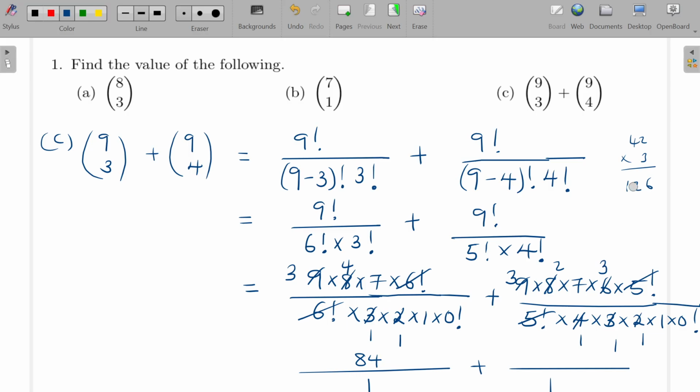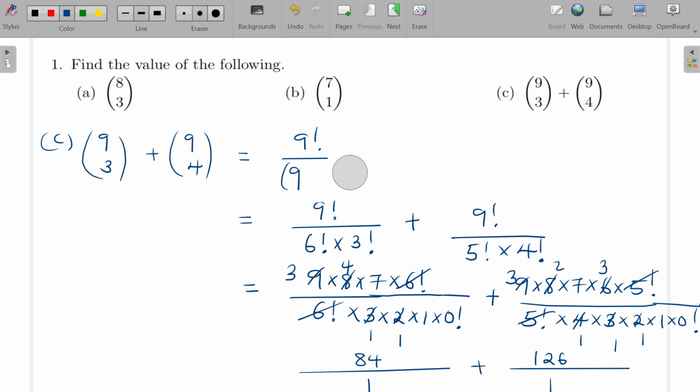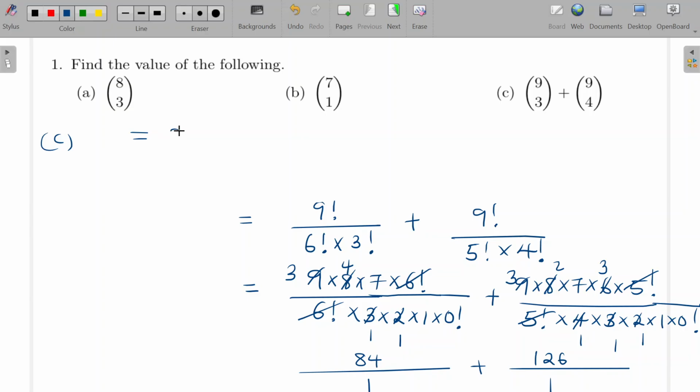So as a result, I'm going to have 126 this side. So therefore, I'll have 1 into 84, it will be 84 plus 126. As a result, I'll get my final answer to be 200.